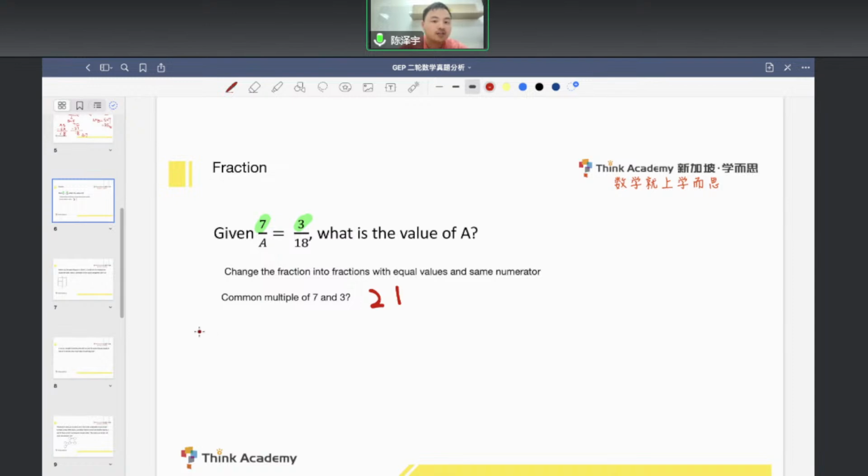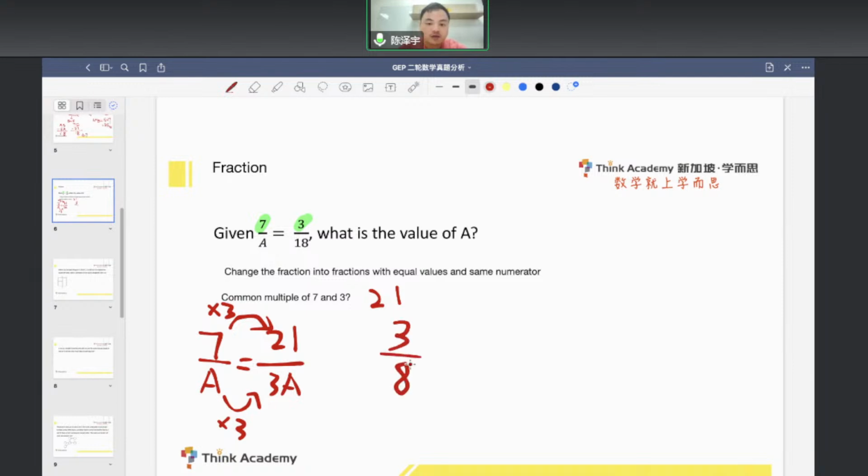Therefore, I can change 7 over A into 21 over something. I can see that from 7 to 21, I just need to times 3. Then A also needs to times 3, so it becomes 3A. Now let's go to the other fraction, 3 over 18. I also want to change the numerator to 21, so the top times 7.